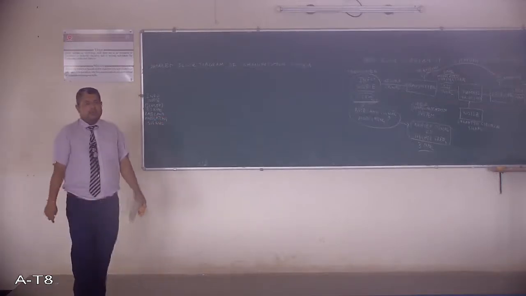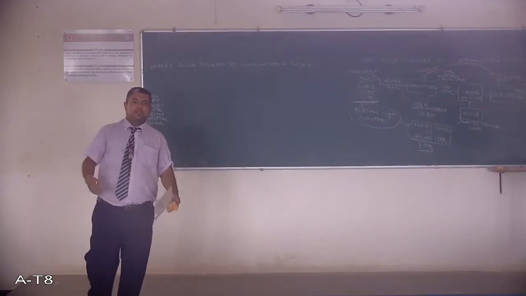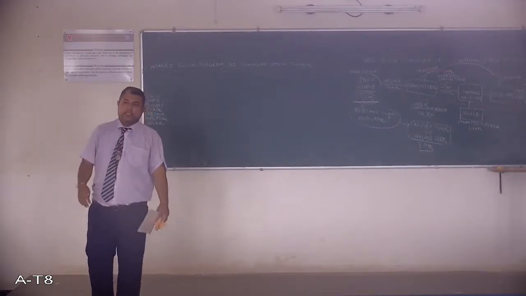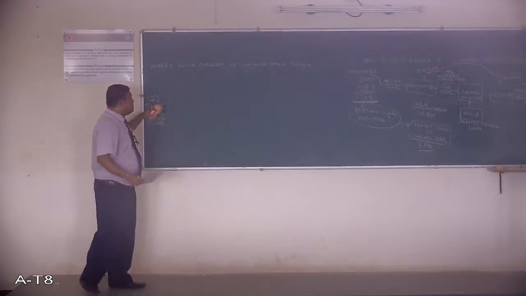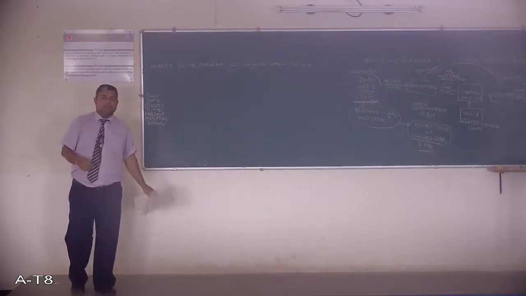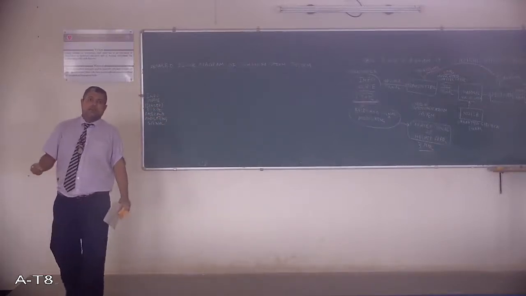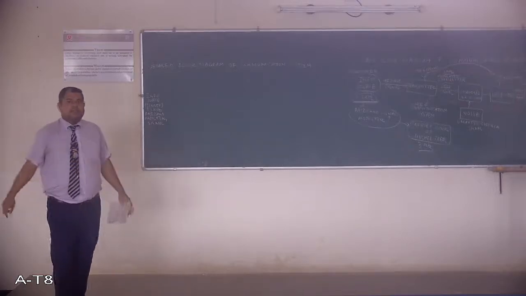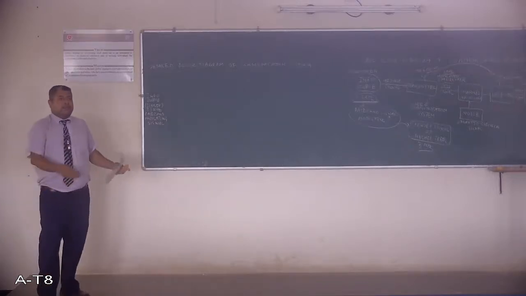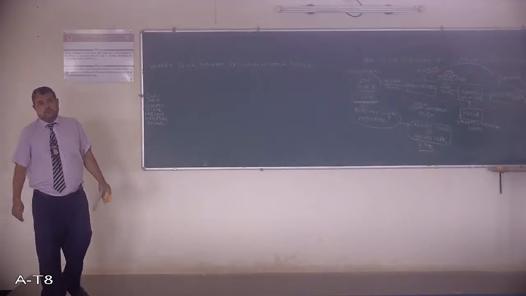Somebody wants to send the temperature of Belgaum today maybe to New York. In that case there will be a thermal sensor. That thermal sensor is the information source. Somebody wants to send the air pressure or the air flow today here at Belgaum to maybe London. In that case the air flow and air pressure parameters become the information source.